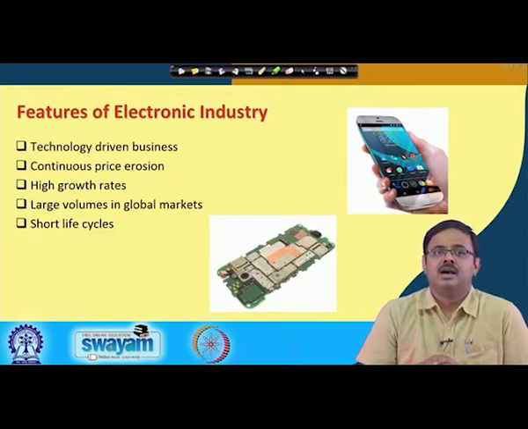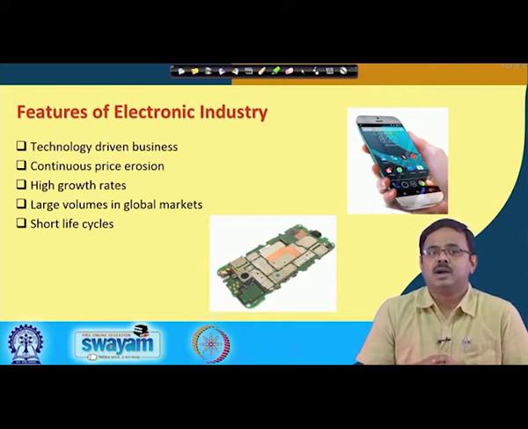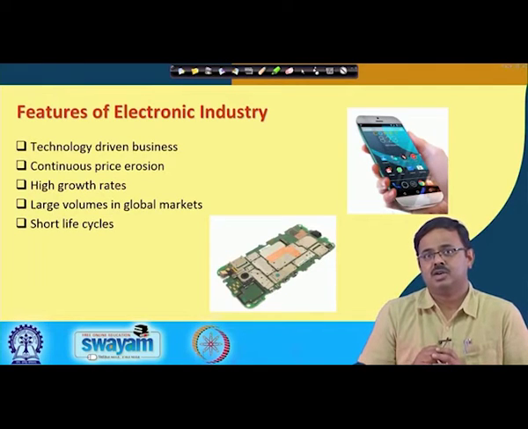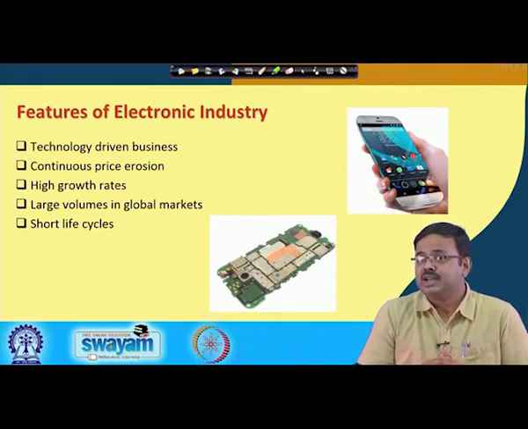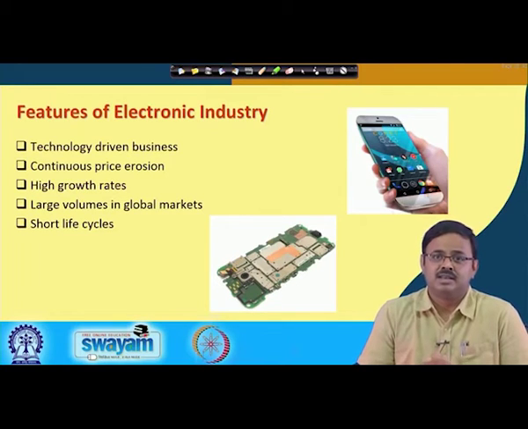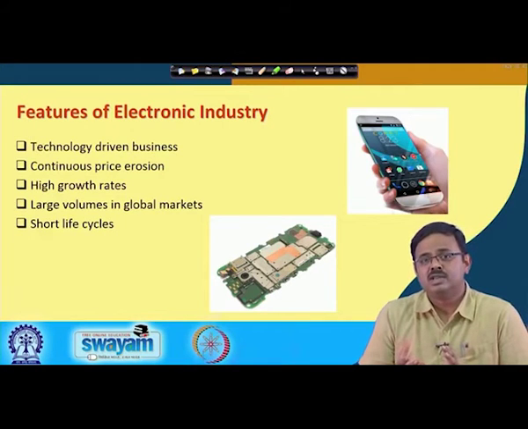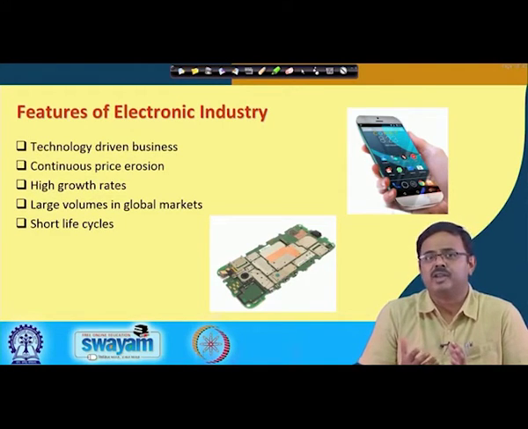So there are large volumes in global markets and short life cycles. Now, why is this important? Short life cycles. This has two things. One is, of course, the growth rate. We normally don't use a consumer electronics product for a very long time. I know people who change their phones every year.